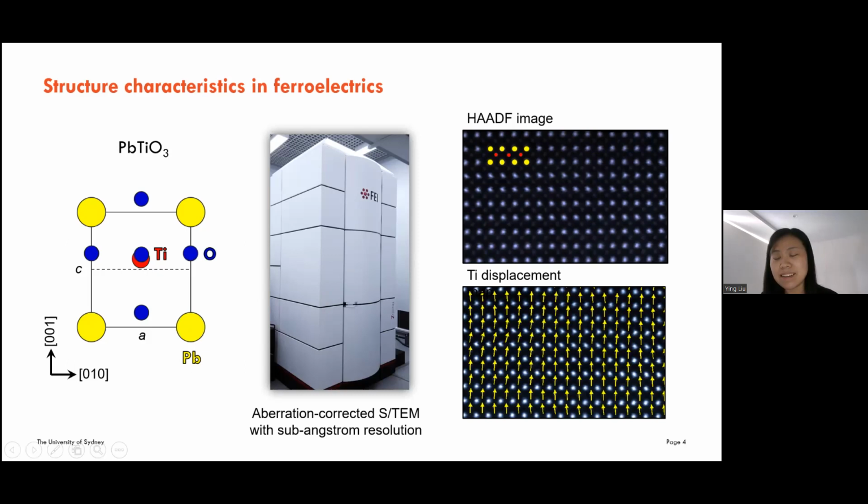Here is an image of lead titanate, and from this image we can see that titanium is displaced away from the center of its surrounding lead atoms, and this displacement direction is opposite to the polarization direction of lead titanate. This is a titanium displacement map of the lead titanate. So using aberration-corrected TEM, we can image the polarization at the unit cell scale.